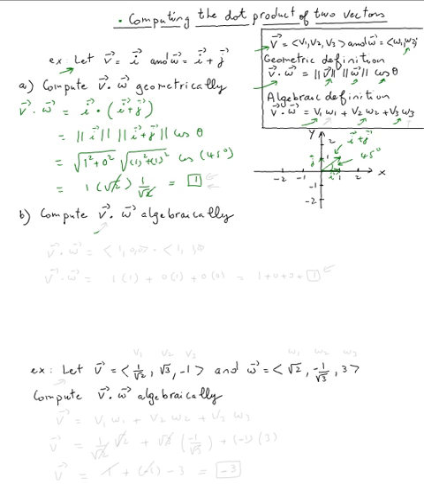Now let's compute v dot w algebraically, and we're supposed to get 1, of course. So now we're going to use this definition. So v dot w is equal, let's use the other notation, it's just different notation so we can use both. So i is the vector (1, 0) dot i plus j, which is the vector (1, 1). Now this is going to be equal to 1 times 1 plus 0 times 1.